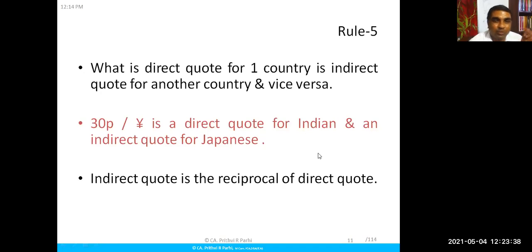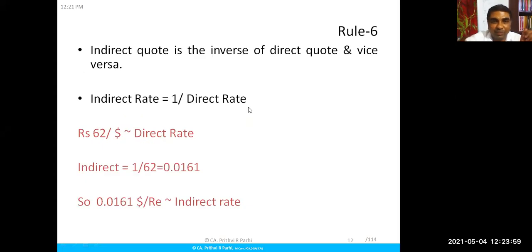For example, let us say 30 paisa per yen is the direct quote for India, but it is an indirect quote for Japan. The indirect quote is the reciprocal or opposite of the direct quote. So this is what we have understood today: the concept of direct quote, indirect quote, and reciprocal.